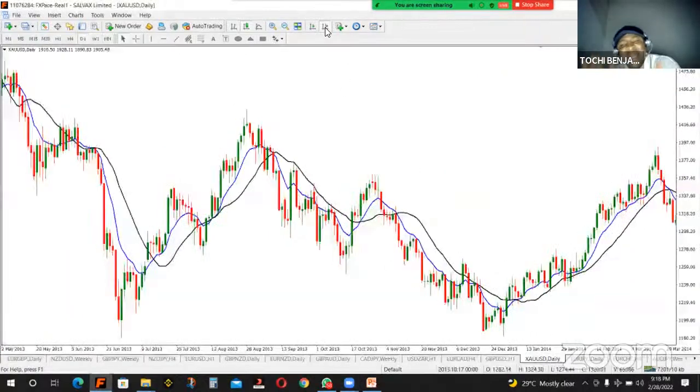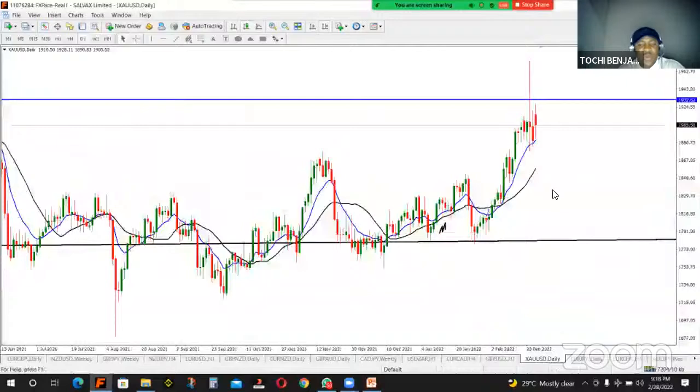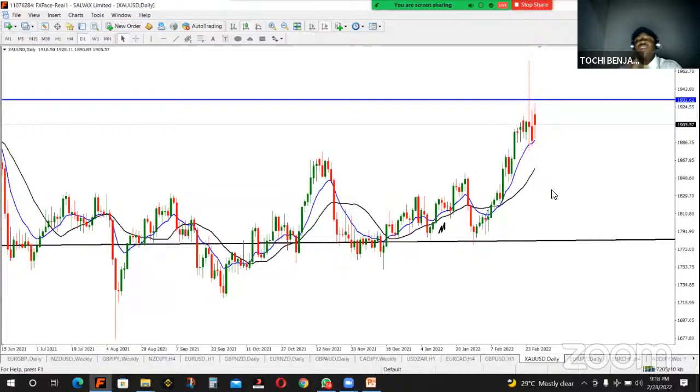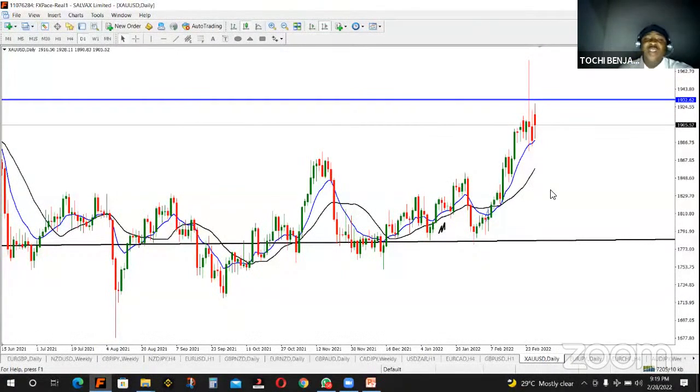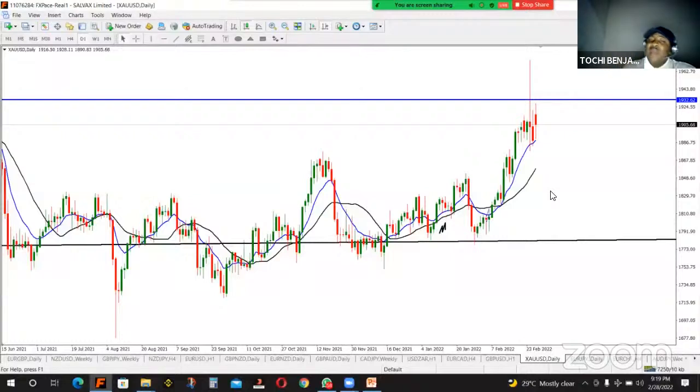Now, on a daily time frame, if you are trading moving average crossover, one thing you must do, go two time frames lower.